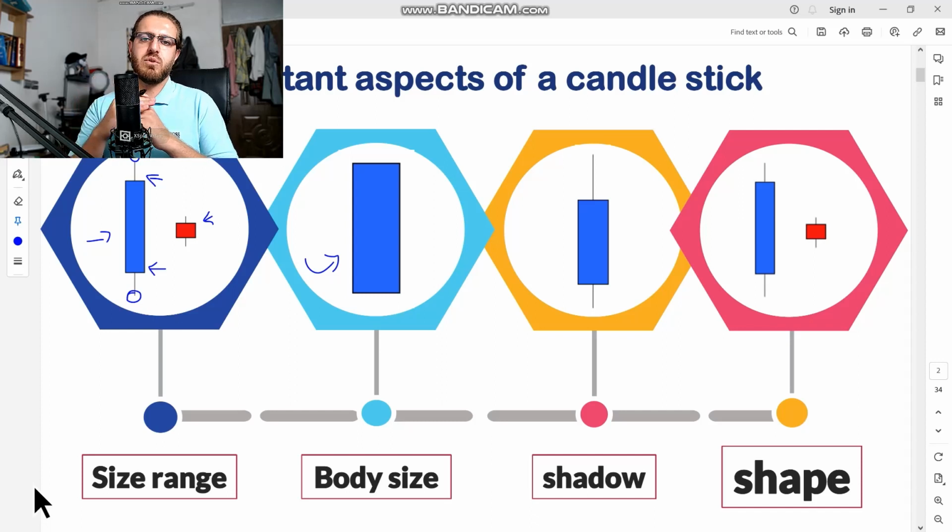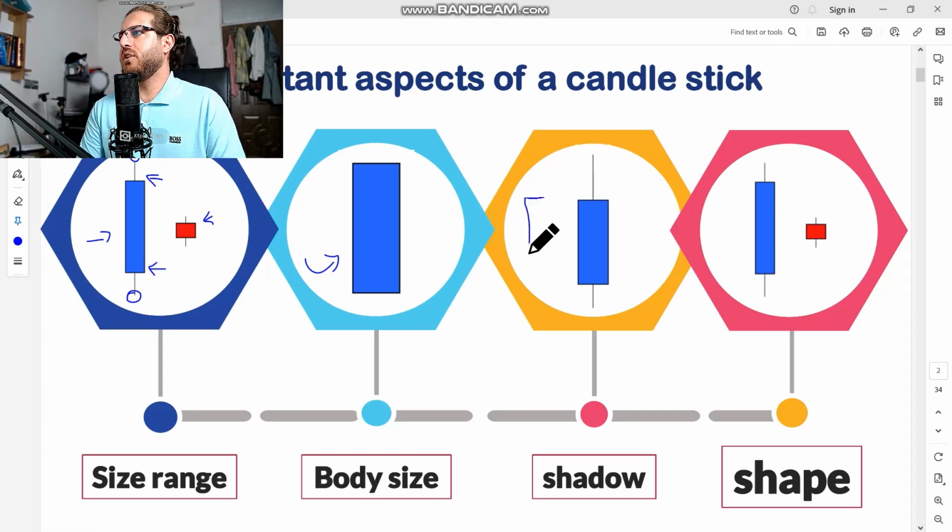And if the body is very small, we can say that neither the buyers nor the sellers are determined enough, or in control of the market. They are just fighting over moving the market from one side to the other. So the body of the candlestick is going to show us if the buyers or the sellers are in control. The next thing is the shadow of the candlesticks.